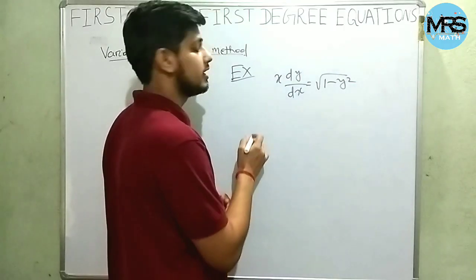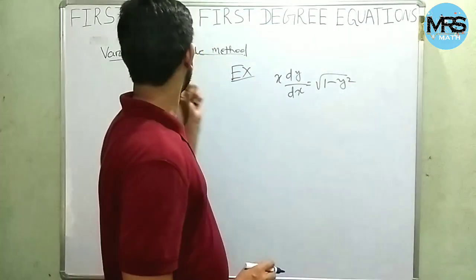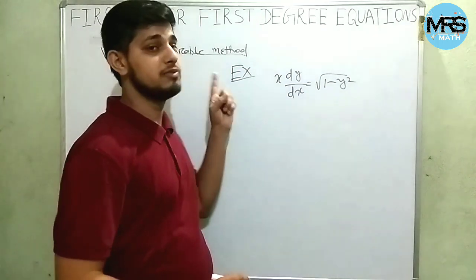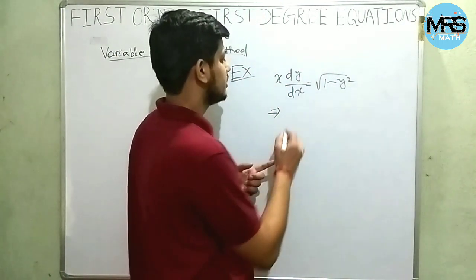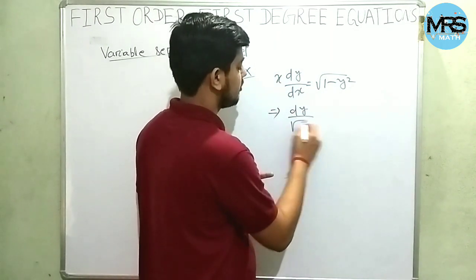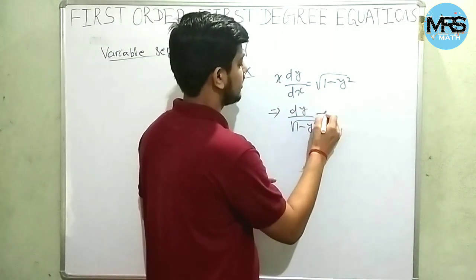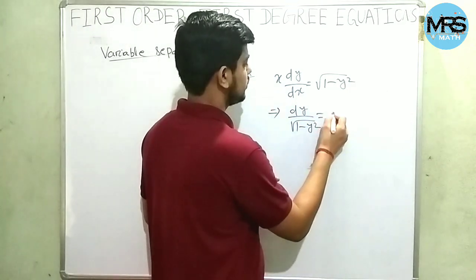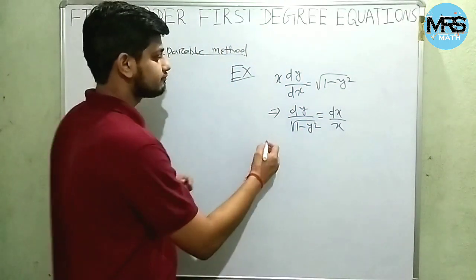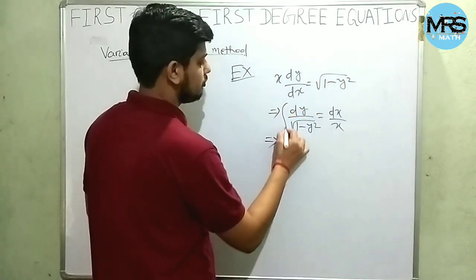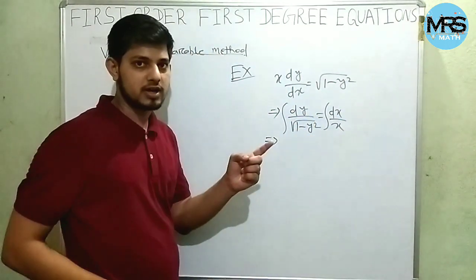So this is a first order and first degree differential equation which we are going to solve using the variable separable method. So how we will separate these variables? That is dy by root over of 1 minus y square equal to dx by x, correct? So next we will integrate both the sides, correct?